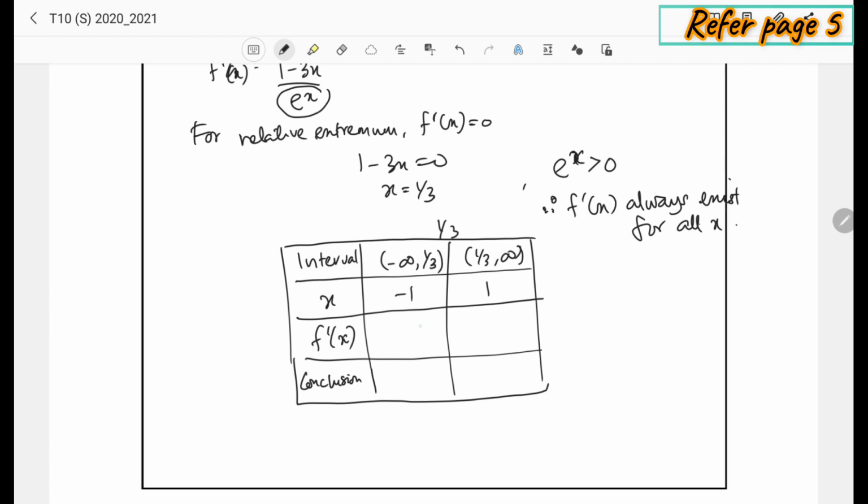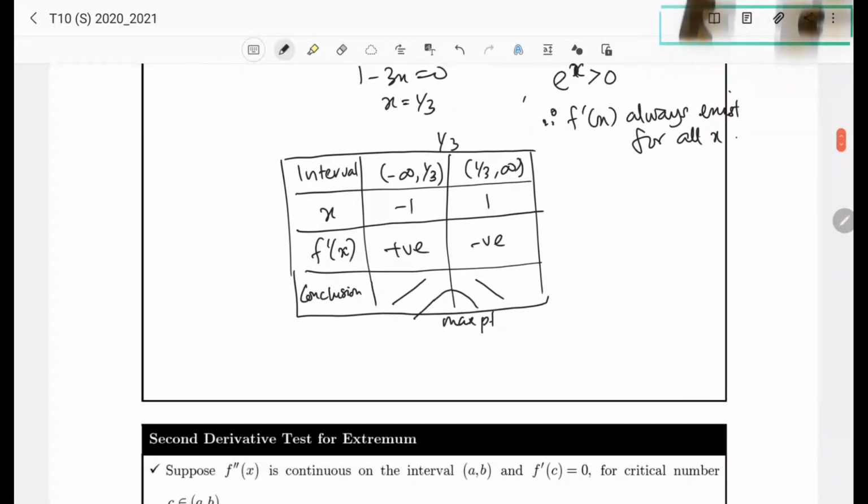So you will get here positive, negative. So the gradient positive, gradient negative, slanting to the right, slanting to the left. So we have a maximum point here. So we need to get the corresponding value of your f(x). So when x equals 1 over 3, what is your f(x)?